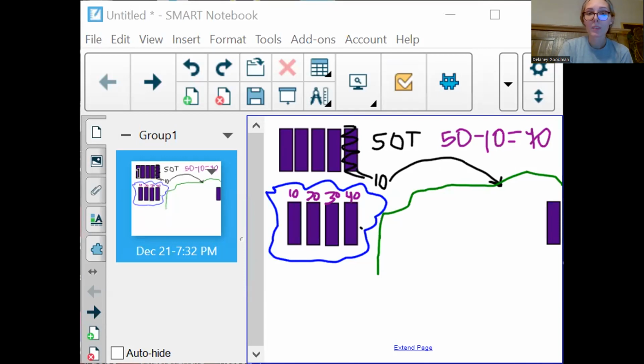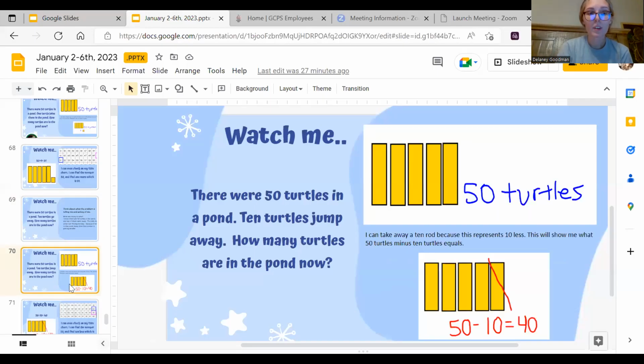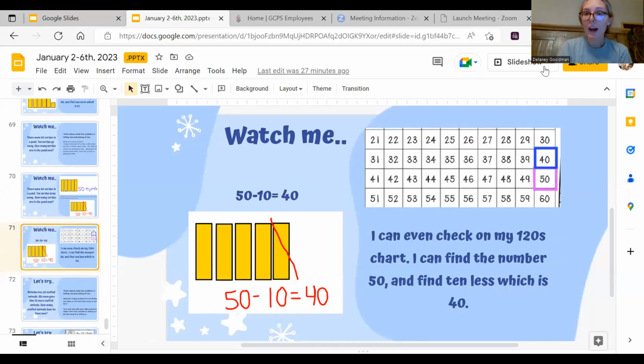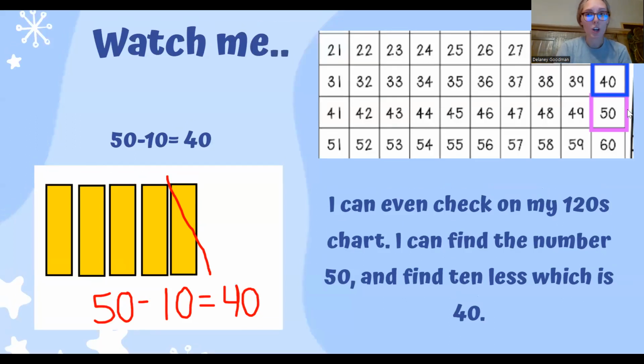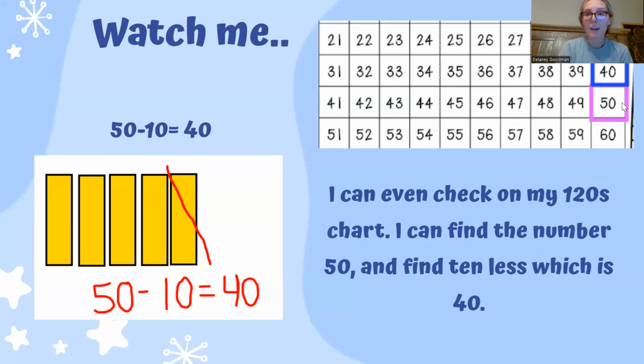All right. So right here, I can find the number 50, which is the number we started with, on my chart. So I have 50 right here, okay? I found it. Now I need to jump back 10 to find 10 less. So let's do it. 1, 2, 3, 4, 5, 6, 7, 8, 9, 10.